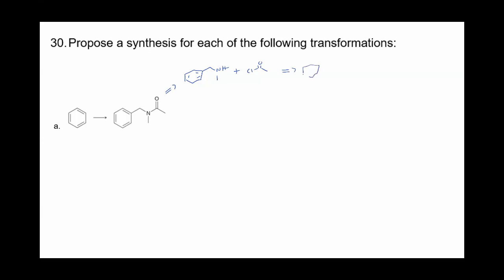And that could have come from some amine plus the methyl group via reductive amination. And so there's also different ways to make this amine. So if you're coming off of that one or this, the benzylamine, you could have made it from here.